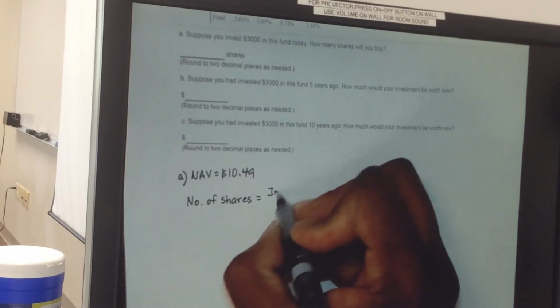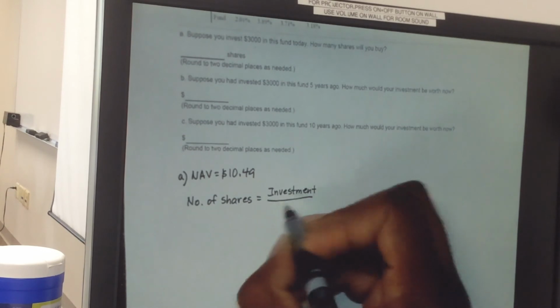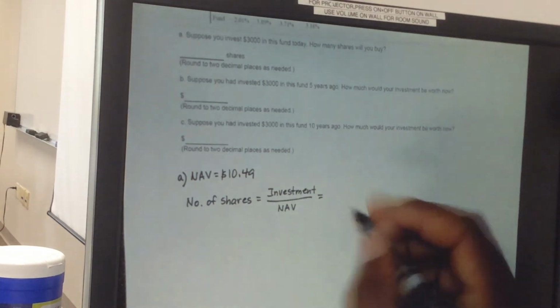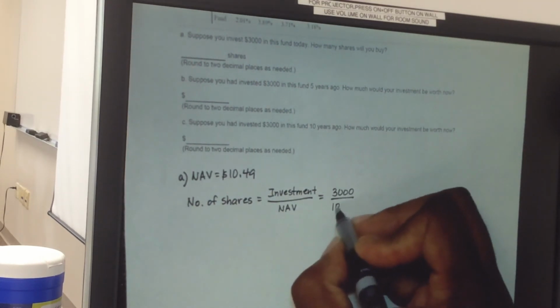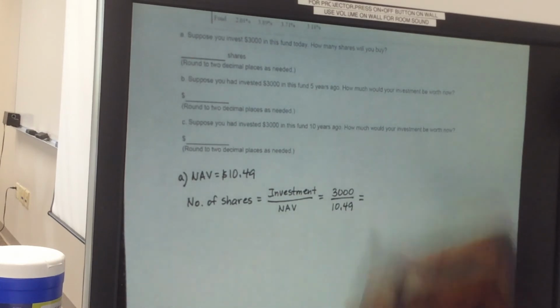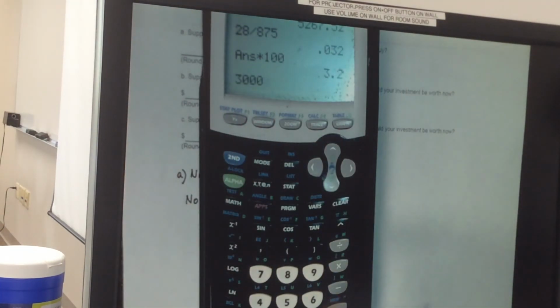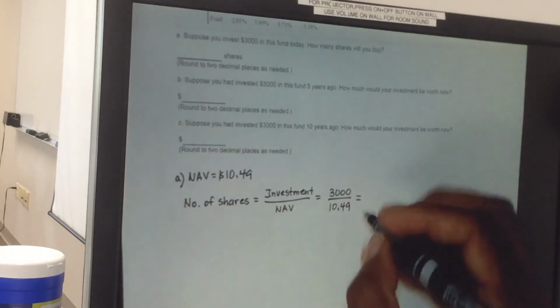We're investing $3,000, so that's going to be the investment divided by the net asset value. So it'll be 3,000 divided by 10.49. And we're rounding to two decimal places, so if you take 3,000, divide that by 10.49, you'll get to two decimal places 285.99 shares.